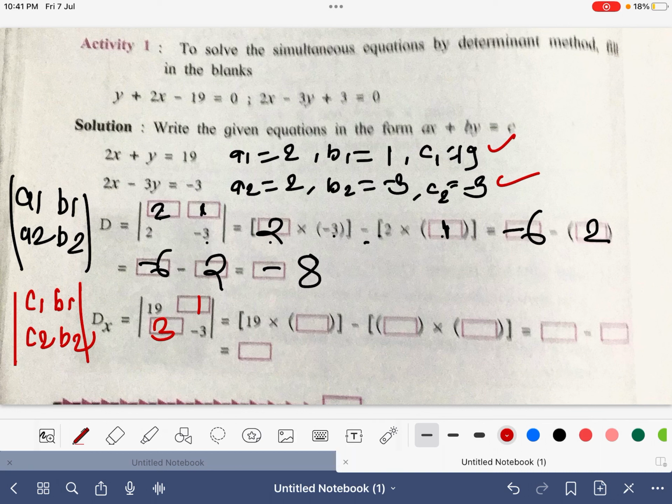Now multiply 19 into minus 3 minus 3 multiplied by 1.